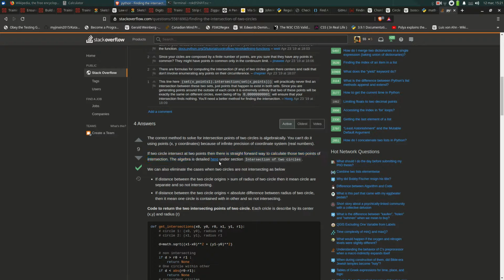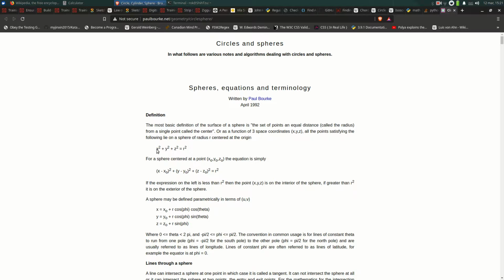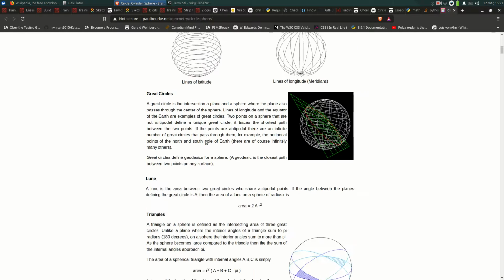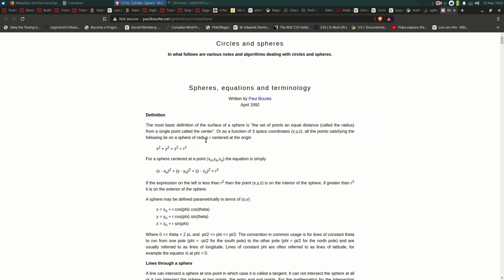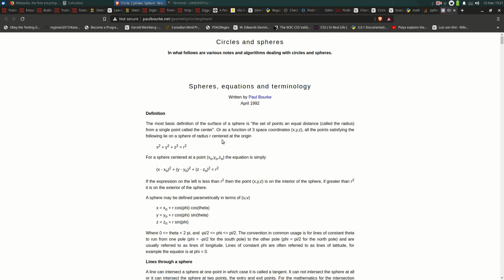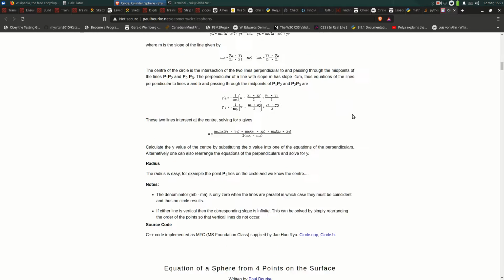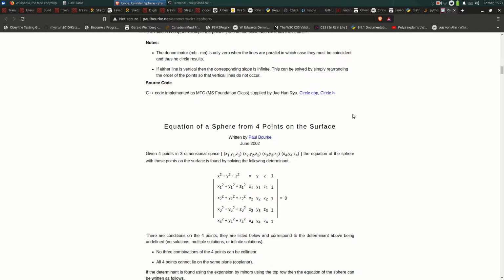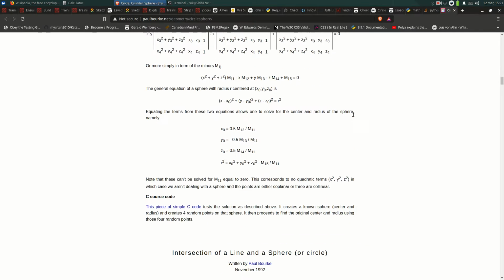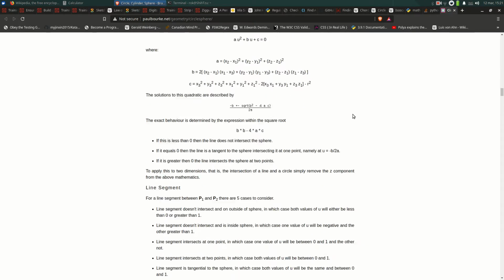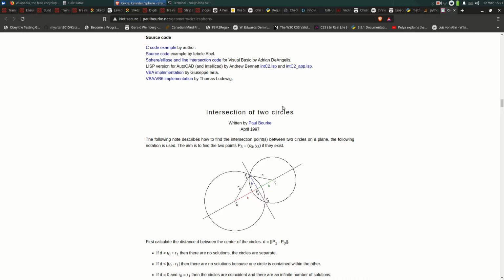The algebra is told here. And the intersection between 2 circles is the equation, the matrix of 2 circles.